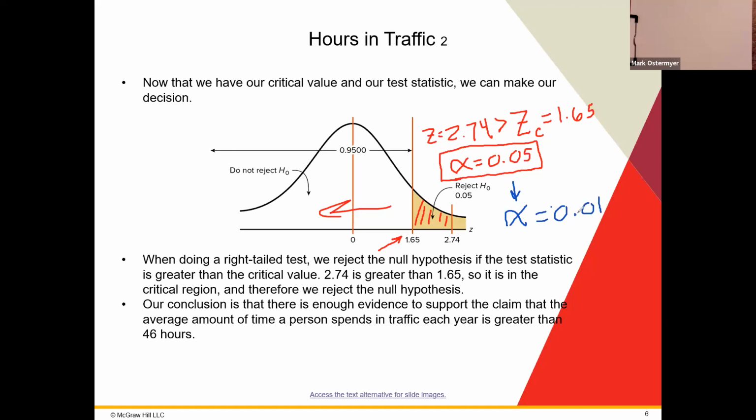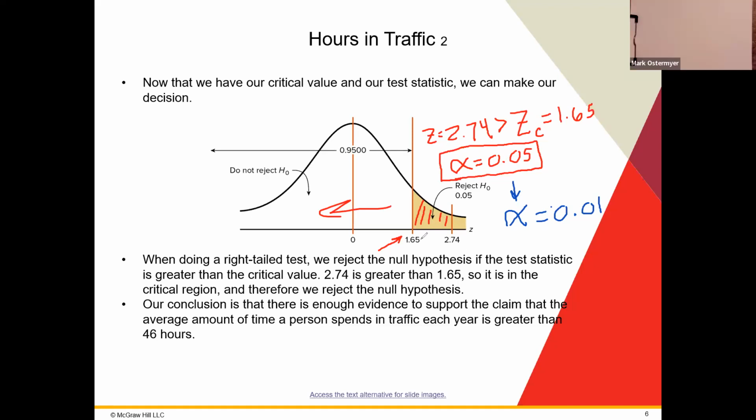Make it larger or smaller? Remember, alpha is the size of your rejection region. So is my rejection region going to be larger or smaller if I reduce the level of significance from 5% down to 1%? Smaller. It's going to be smaller.